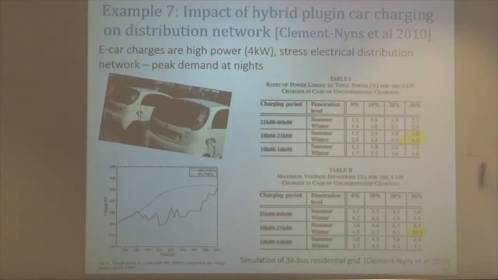The losses on the grids may become very large. And sometimes there might even be ampacity problems. So some grids, not all, but in many countries that have tested large penetration of electric cars, come to the conclusion that above 30% of penetration of electric cars, the distribution grids have problems. So you need to do something about it.